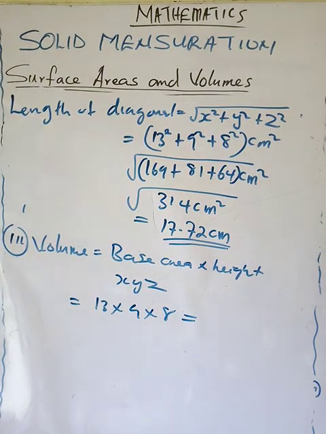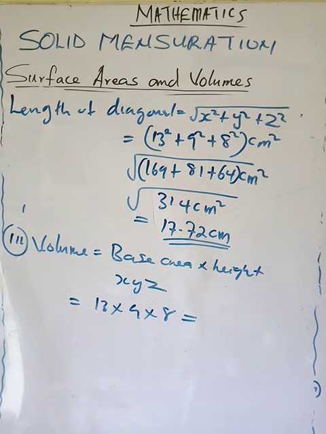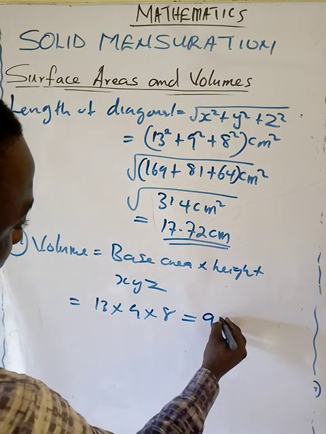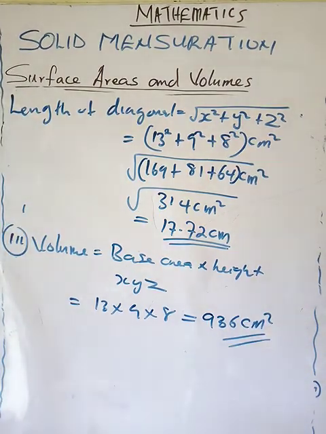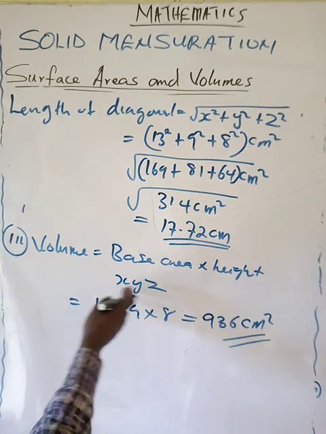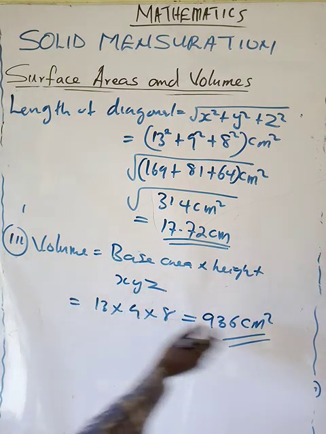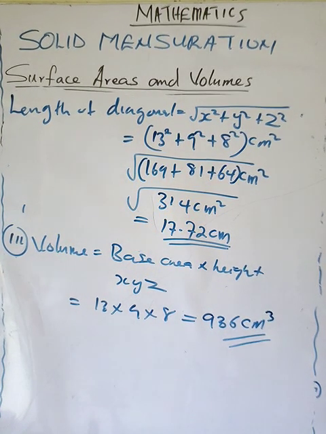By the time you multiply everything together, 13 times 9 times 8 will give us 936 centimeter cube. Because centimeter times centimeter is centimeter squared, and centimeter squared times centimeter will give us centimeter raised to the power of 3.